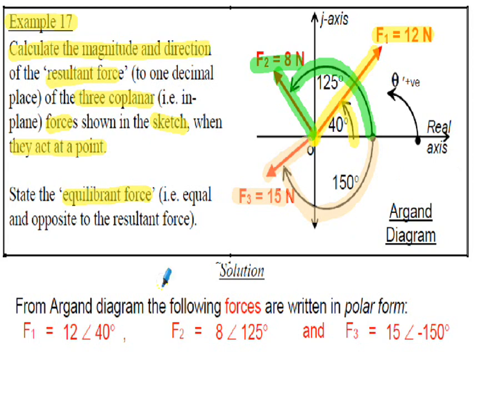If we write the three forces down in polar form, we've got F1 is 12 argument 40 degrees from our diagram. F2 is 8 argument 125 degrees, reading the diagram, and finally F3 is equal to 15 argument negative 150 degrees because it goes in the opposite direction to the positive theta direction.